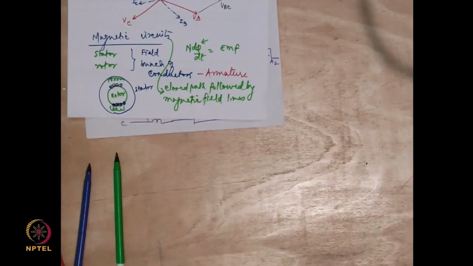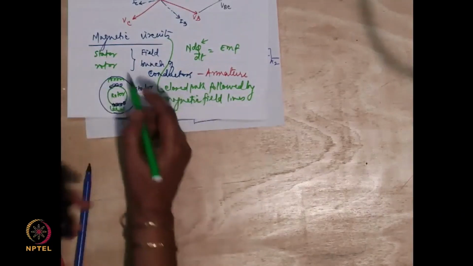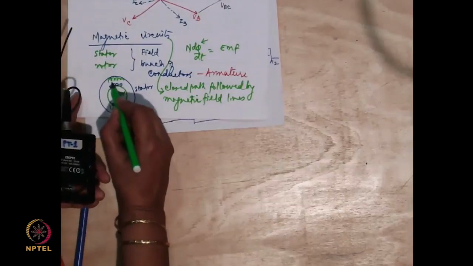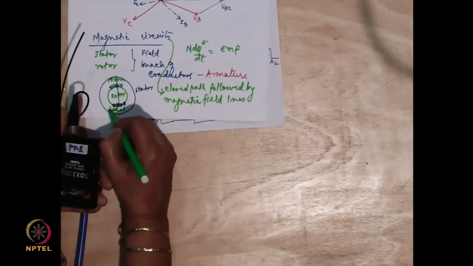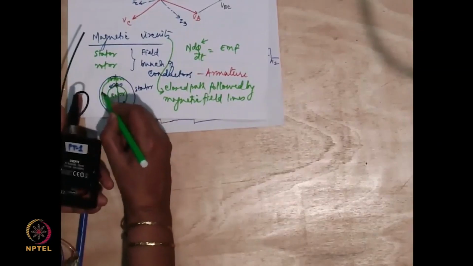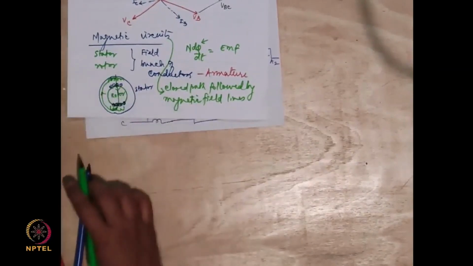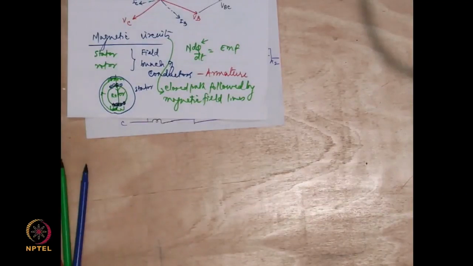So I would say that in this case, maybe the magnetic field line will pass through this, pass through these conductors, pass through the rotor and complete itself like this. This may be the magnetic circuit path, basically. Right? So, I am going to have to actually pass the magnetic field lines through the air gap.